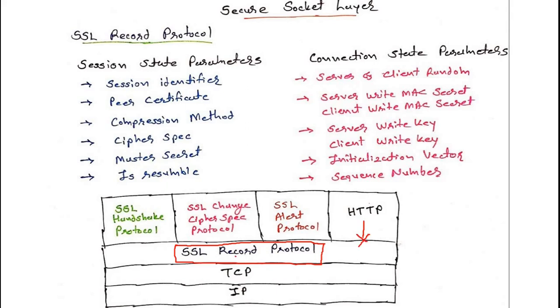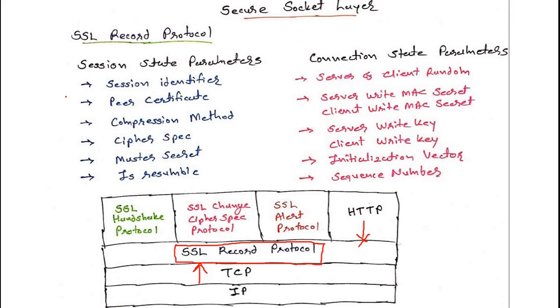Then after that come the remaining protocols: SSL handshake, SSL change cipher spec, and SSL alert. So let's start with our first protocol, the SSL record protocol.